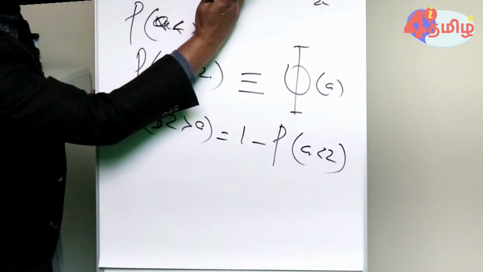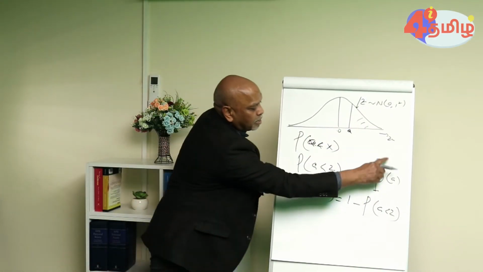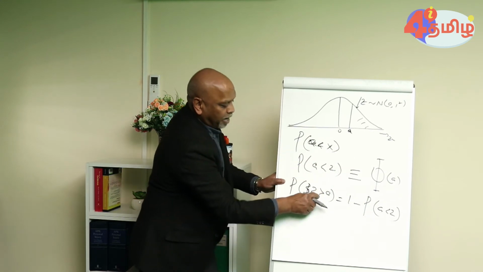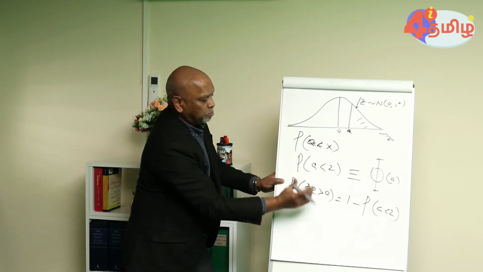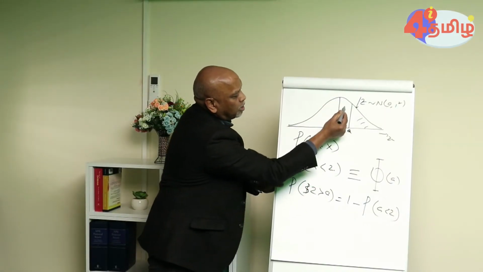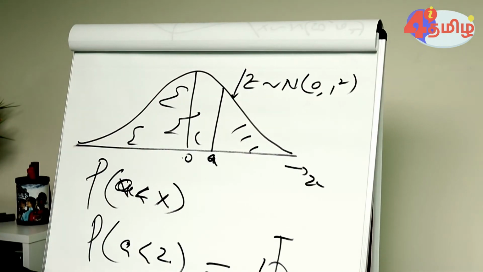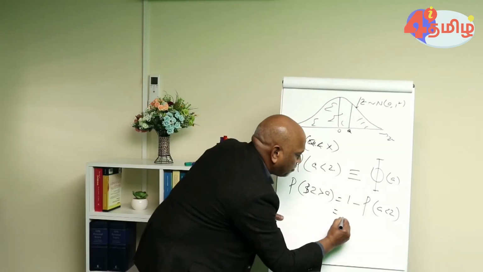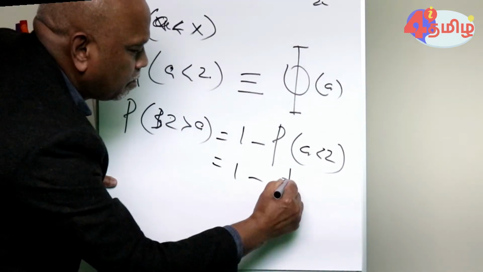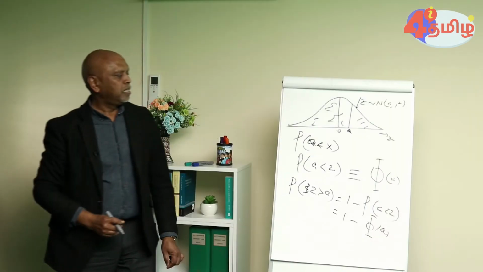That's all I'm doing. But I can't write this format for a greater than sign, so I need to make it a less than sign. The whole thing is 1, so it is 1 minus the less than probability. Then you can write 1 minus P(Z less than a). Simple as that.